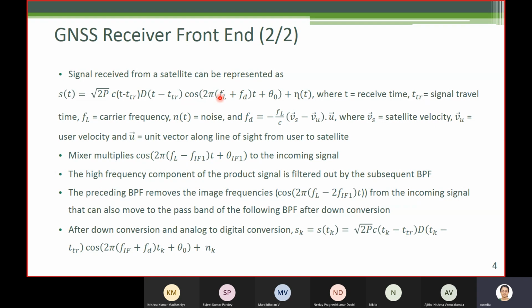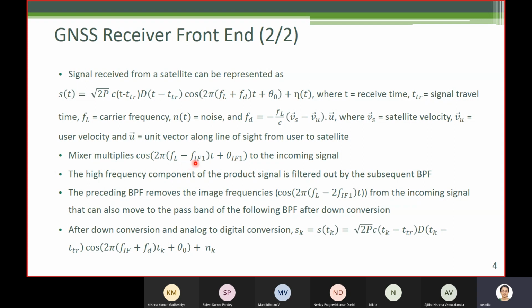How about cos A minus B? Cos A minus B will actually cancel out the FL, because here also we have 2 pi FL, here also we have 2 pi FL. So 2 pi FL will cancel out, and we'll have 2 pi FIF1 plus FD. So that is the cos A minus B. Now we can clearly see that cos A plus B is the high frequency component, and cos A minus B is the low frequency component.